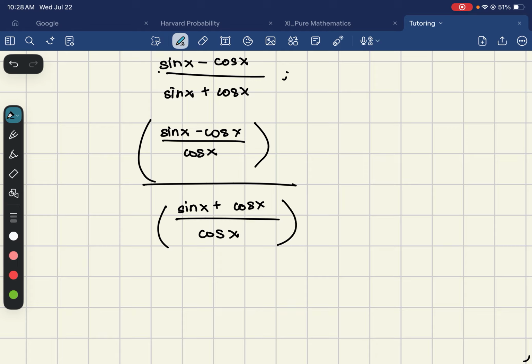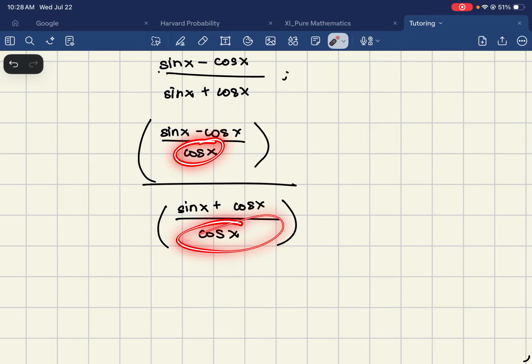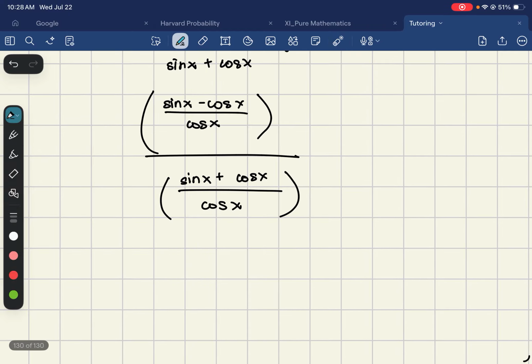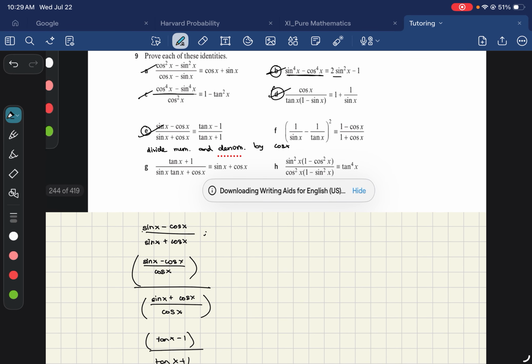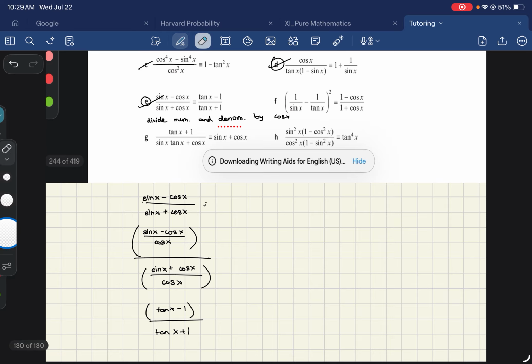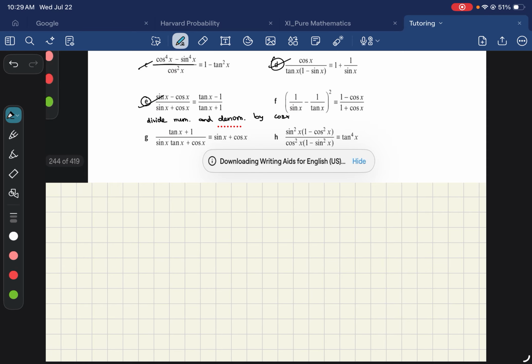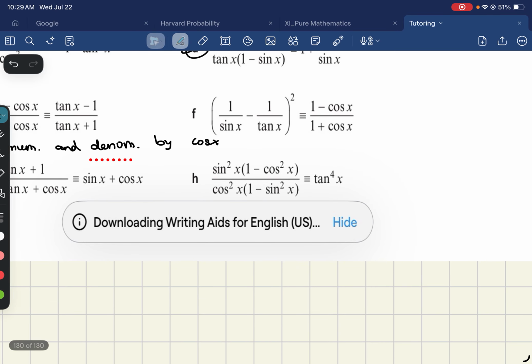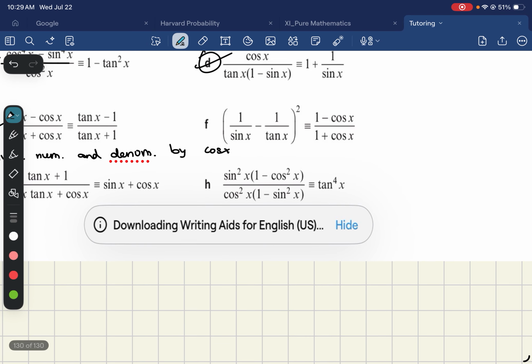If you divide the numerator and the denominator by the same thing, when you simplify, this cos x and this cos x will cancel out. So you're not changing anything. Now, if you simplify the numerator, you will easily see that you have tan x minus 1. And if you simplify the denominator, you will easily see that you have tan x plus 1. And that is what we have on the right-hand side anyways.